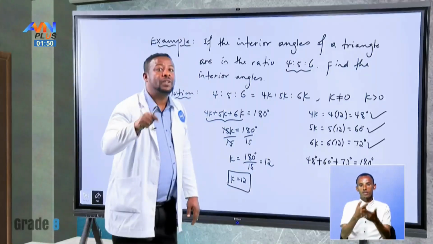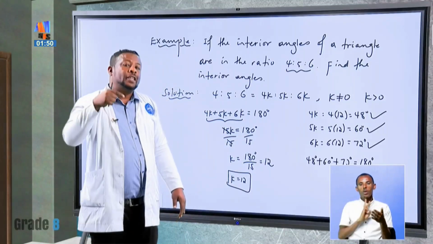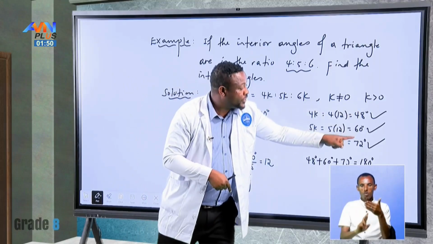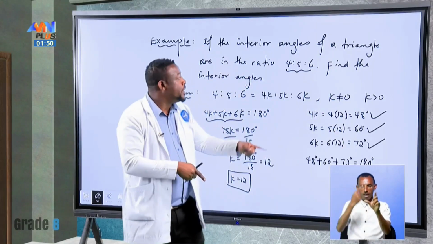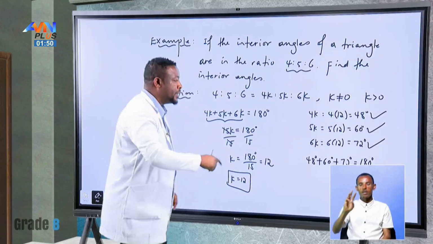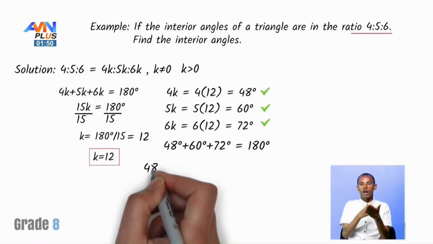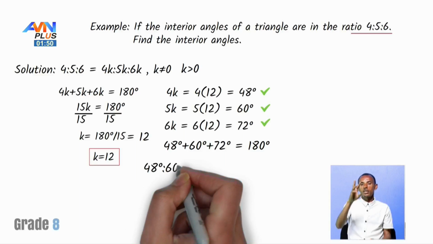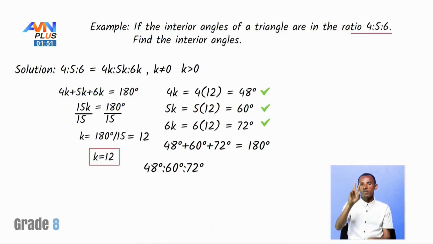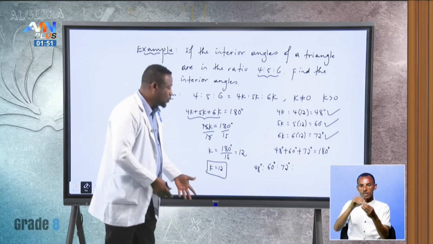This is one of the things that you need to check. The other thing is the ratio of these 3 angles must be 4, 5, 6. That means if you write this, the first one is 48, 48 to 60 to 72, right?